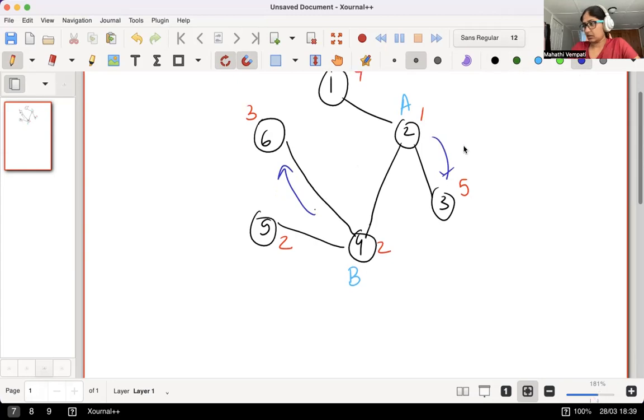So if A goes here, she gets a total score of 6. And if B goes there, a total score of 5. So 6 is greater than 5. So A gets 1 point, and then the game stops. If they can't travel anymore, the game stops. So A gets 1 point.